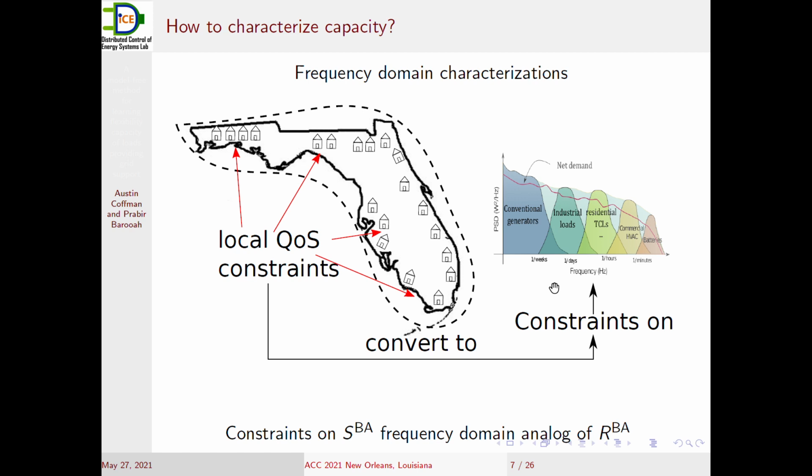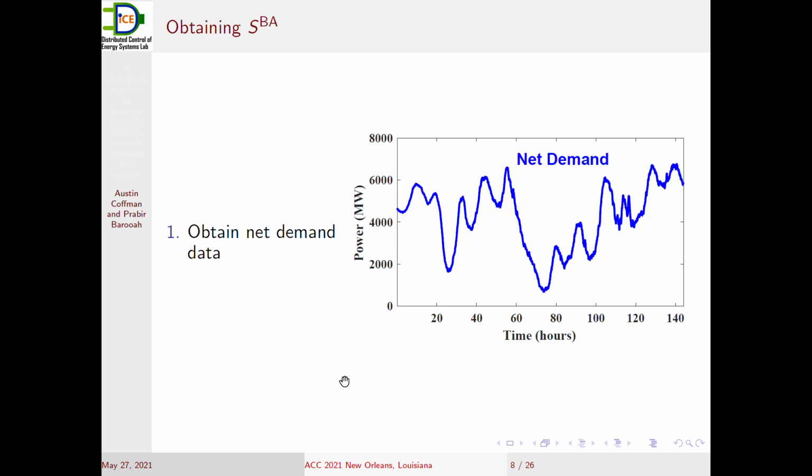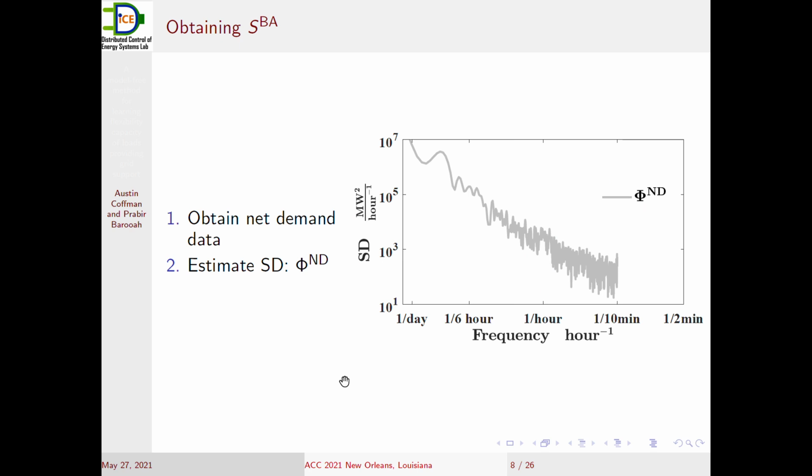Now we're going to give a little more detail on how this quantity SBA is computed, just for concreteness. Imagine you have the same net demand data as you did in the previous example. The balancing authority would use this net demand data, which is past data, to estimate the empirical spectral density of this net demand.